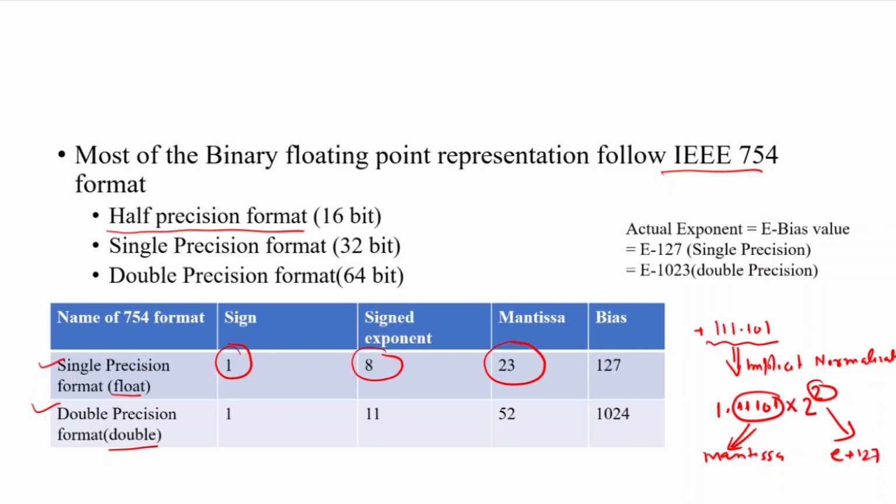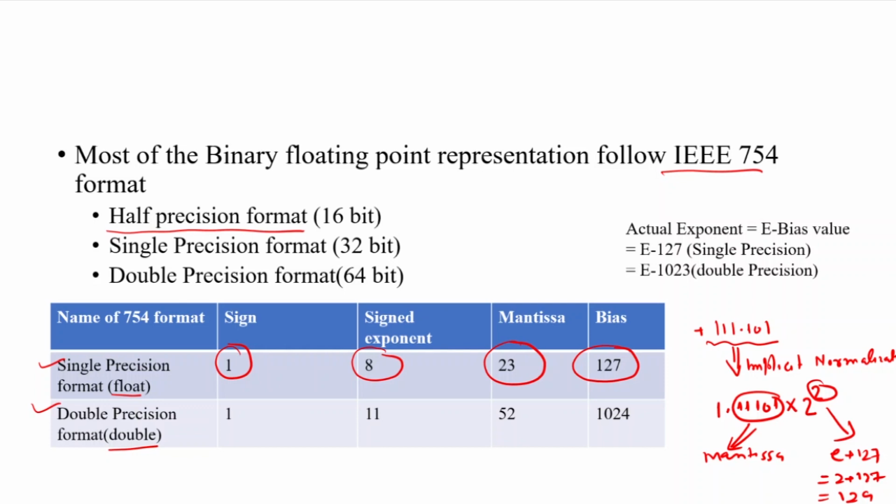So this is equal to 2 plus 127, which is 129. The binary equivalent of 129 is represented in 8 bits. When all 8 bits are 1, this represents 255. The mantissa uses 23 bits, and we take a bias of 127 in the case of single precision format.